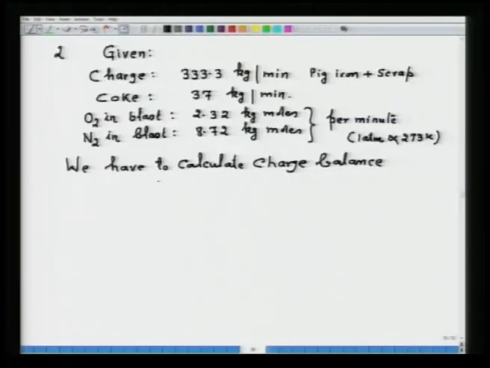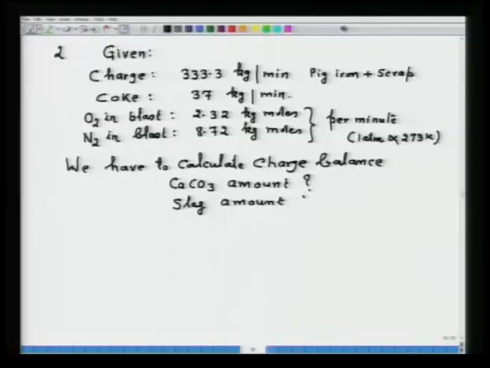If you see the problem, the amount of calcium carbonate is to be calculated. Then you are also required to calculate slag amount, that is also not known. This type of calculation tells you whether you understand the material balance of cupola or not.